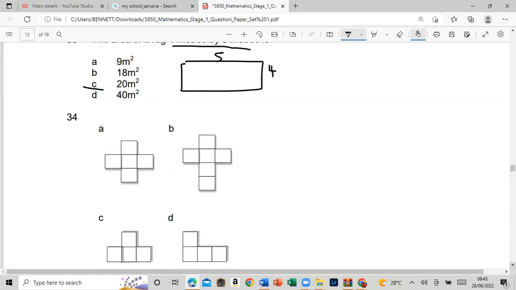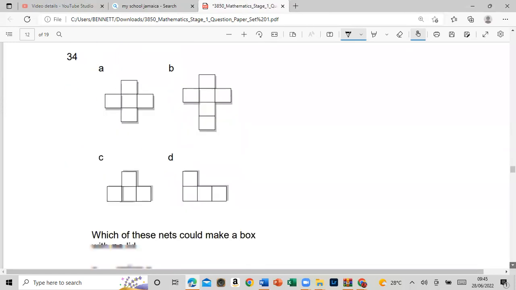All right, this one is a repeat. Which of these nets could be used to make a box with no lid? Oh, I see it now.